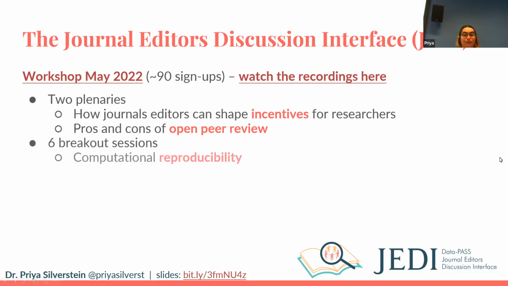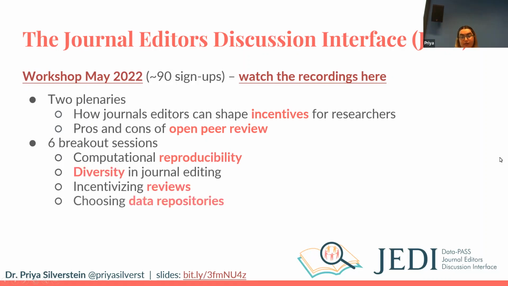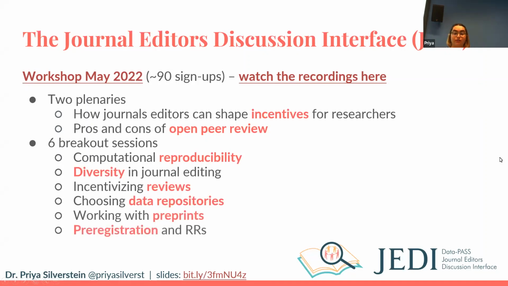And then we had more specific sessions training editors on what they could do around computational reproducibility, diversity in journal editing, incentivizing reviews, choosing data repositories, and working with preprints, pre-registration and registered reports.